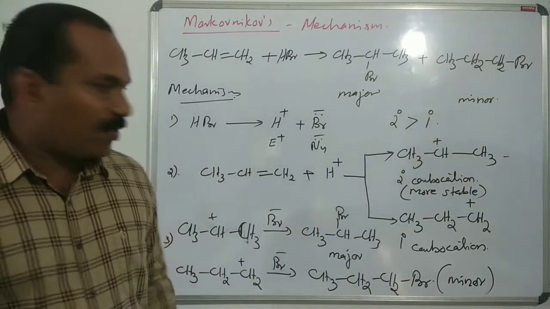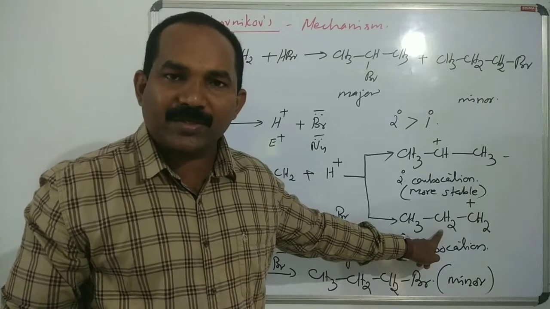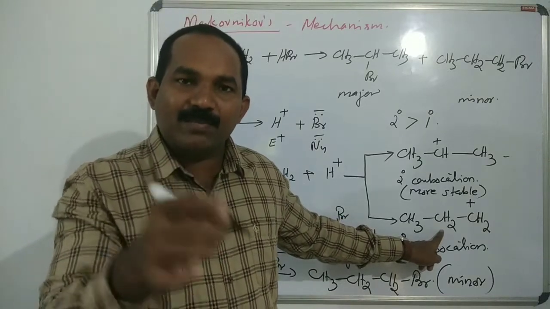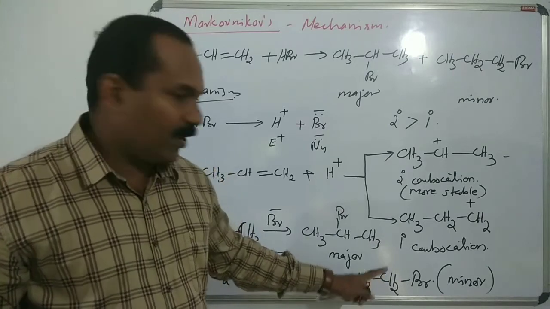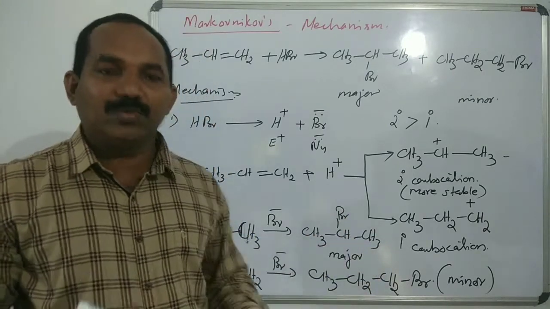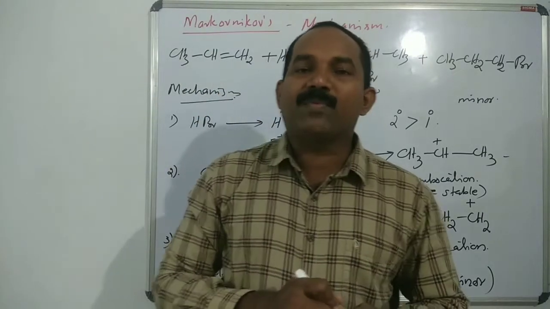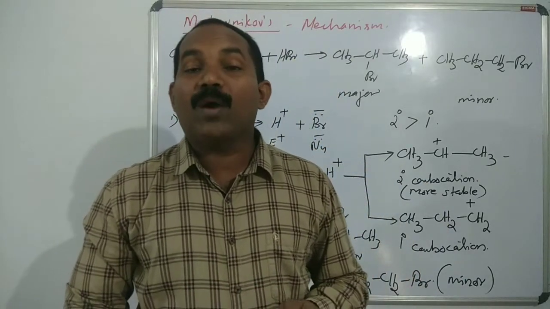Why is it a minor product? Less stable carbocation, and from the less stable carbocation we get 1-bromopropane. So the major product is 2-bromopropane, the minor product is 1-bromopropane.